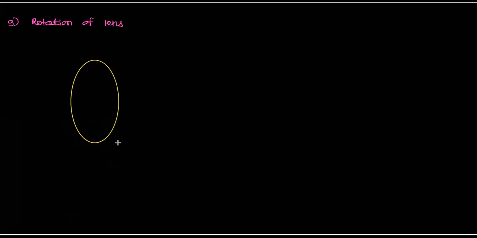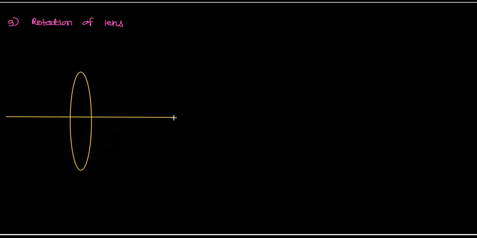And next one, that is rotation of lens. Now before, we had a lens like this, and this is the principal axis, but now we have rotated. So how did we do it?